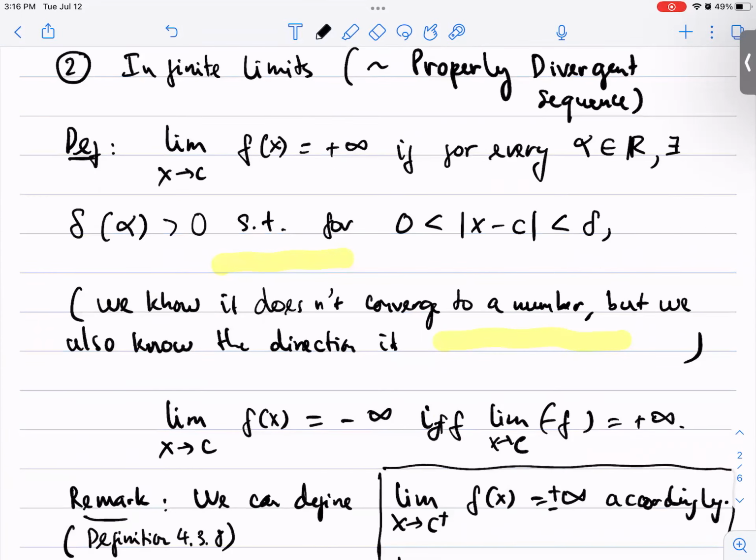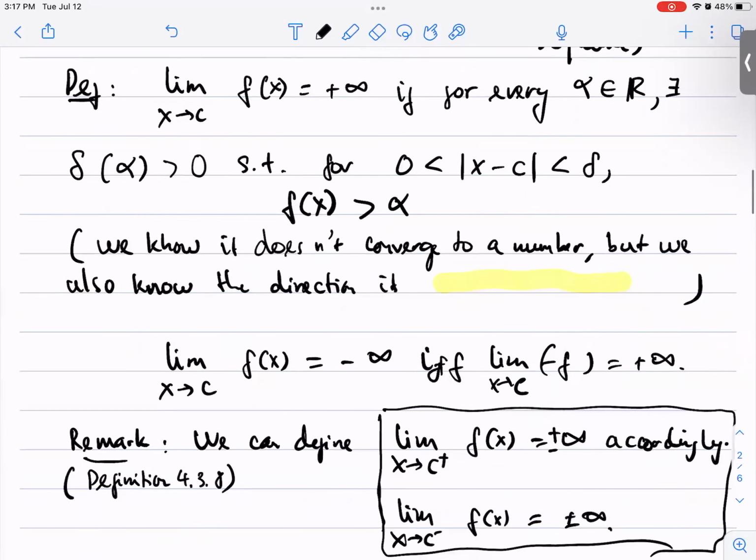So here is the definition. The limit of the function f of x equal to plus infinity if for every real number alpha, thinking about a very big real number alpha, there exists delta depending on alpha greater than 0, such that for 0 smaller than the absolute value of x minus c smaller than delta, then f(x) here gonna be bigger than alpha.